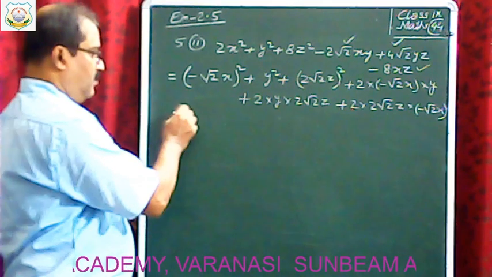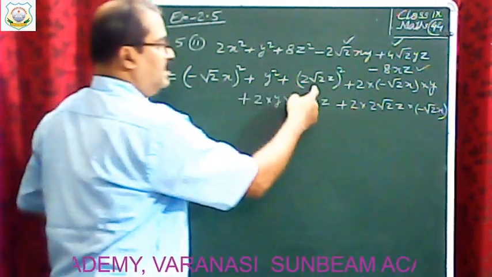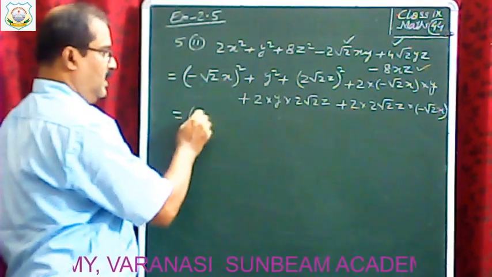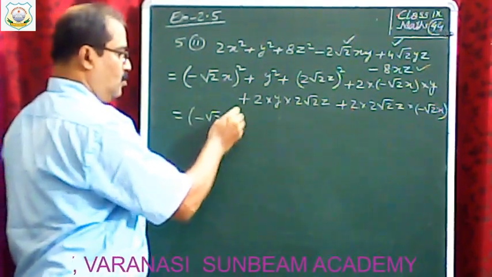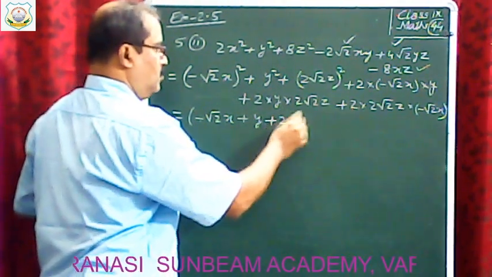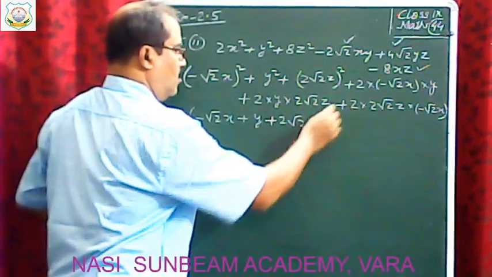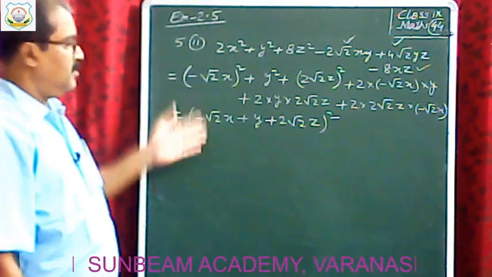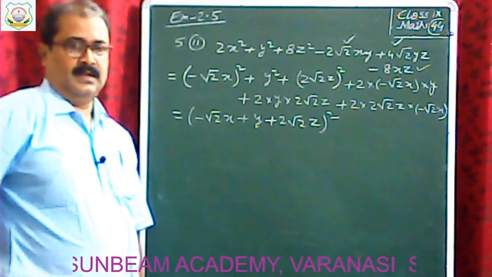So we get the form a square plus b square plus c square plus 2ab plus 2bc plus 2ca, that is equal to a, minus root 2 x, plus b, which means y, plus c, 2 root 2 z, whole square. Okay, only a 2-step solution, but logical, and be careful.